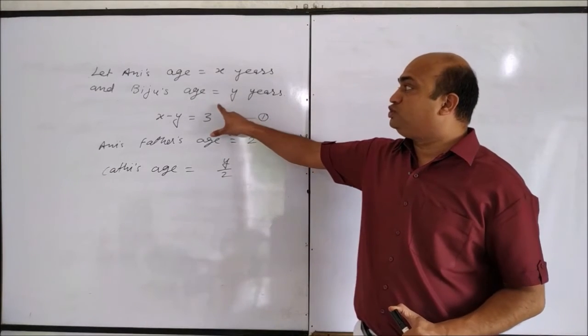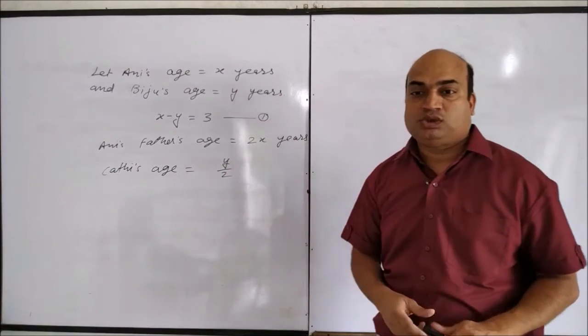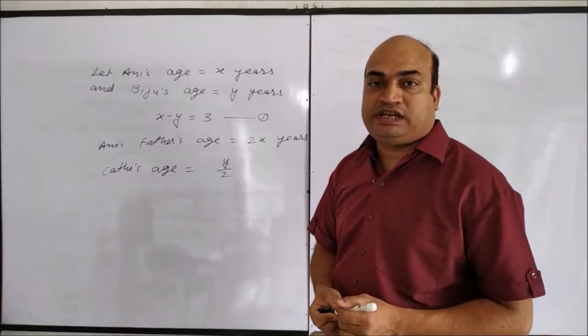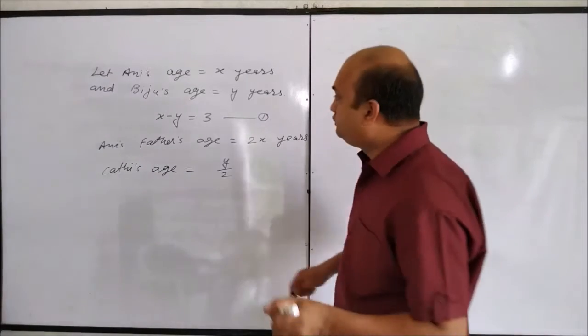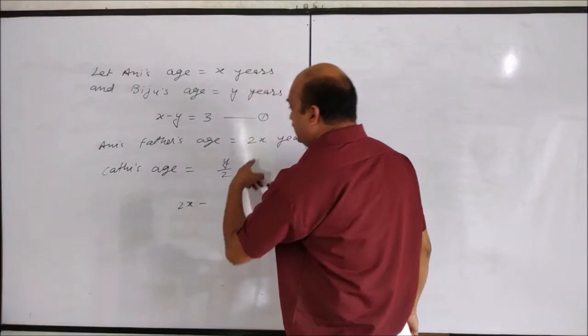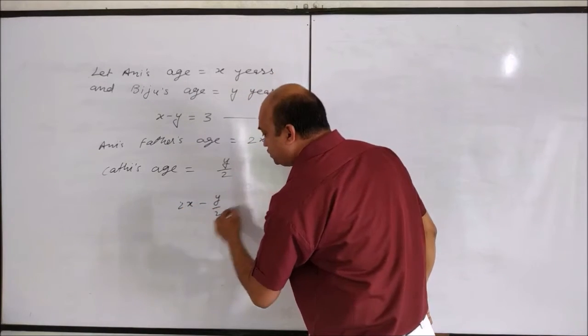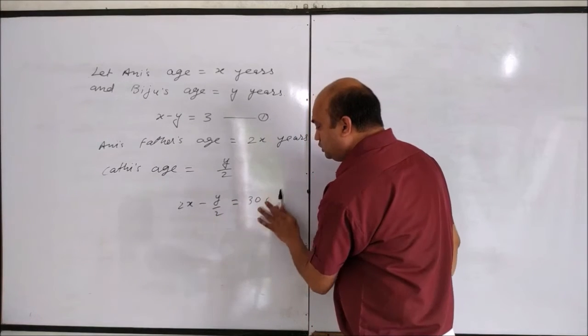So if Biju is y years old, then Kathy will be y by 2 years old. Now it is said that the age of Kathy and Dharam differ by 30. So Dharam's age is 2x years and Kathy's age y by 2 years. The difference is given as 30 years.